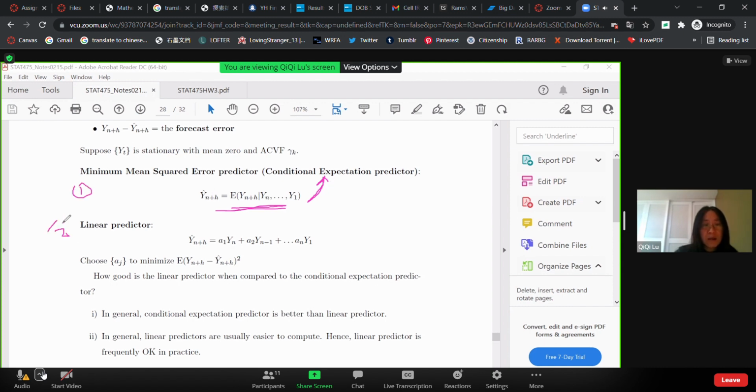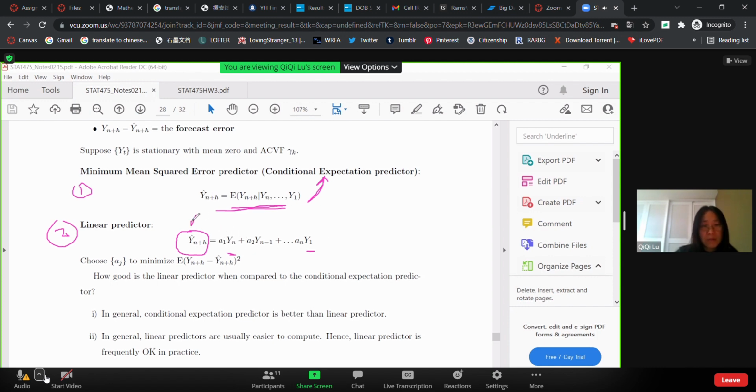The second one is the linear predictor. So the linear predictor says, this is your forecast. I have Y1, Y2 to YN, that's all my data, so I just take a linear combination of all the data.